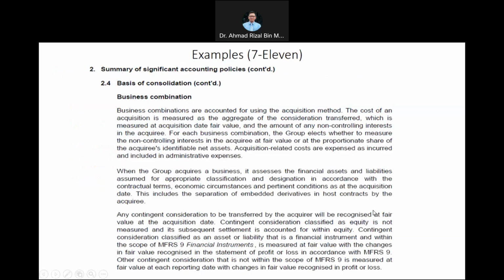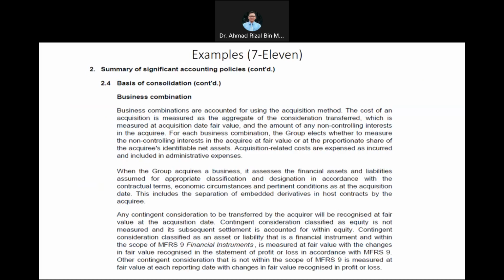I have here some examples. These are taken from the annual report, in the notes to the accounts section at the back. Let's take a look at some of these notes. This one explains the basis of consolidation. The consolidated financial statements consolidate the financial statements of various subsidiaries.